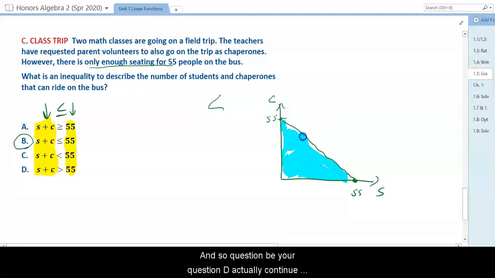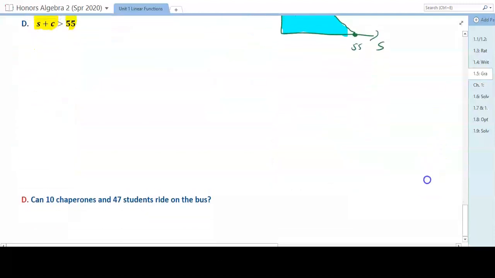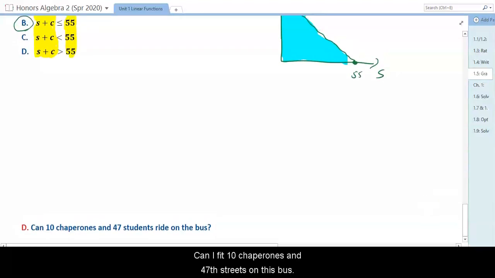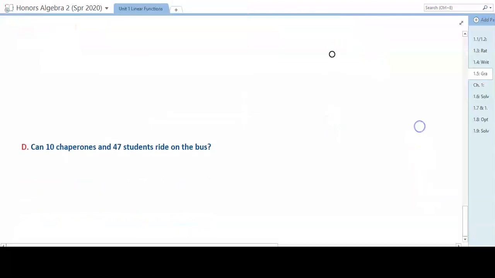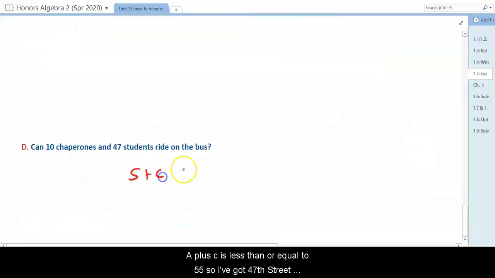And so question B, or question D actually, continuing with this example here, is going to ask us, can I fit 10 chaperones and 47 students on this bus? So let's go to that equation. S plus C is less than or equal to 55.